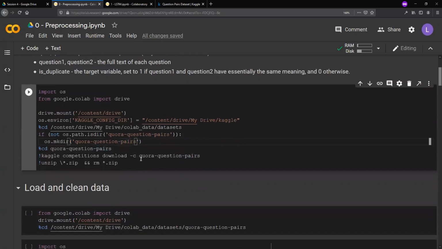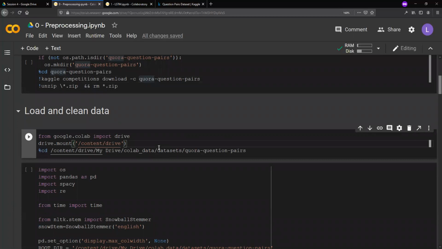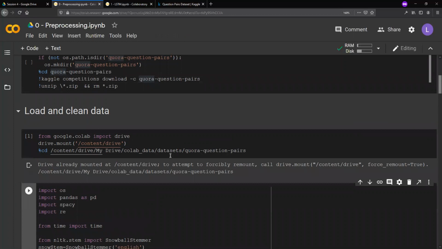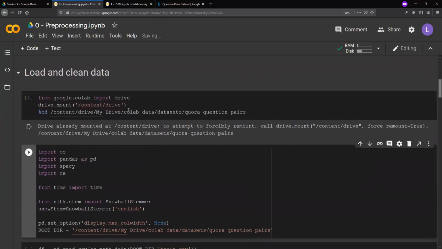In this specific line of code, this should be very familiar, in that we do the mounting as well as download the data set from Kaggle and save it into our drive. In case you already have the data installed and unzipped, then we just need to do the mounting.